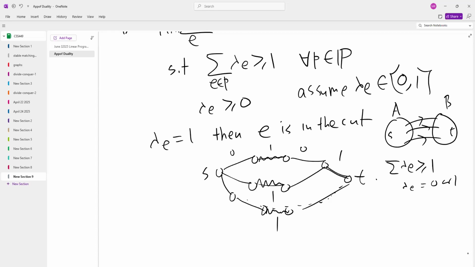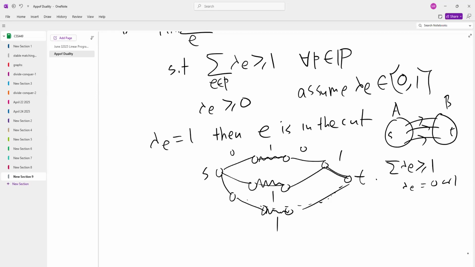We've chosen one edge for every S-T path in the graph. If you remove all these cut edges, you will be disconnecting S from T. There is no path from S to T, so it is a cut. That means a cut is a feasible solution to this LP.